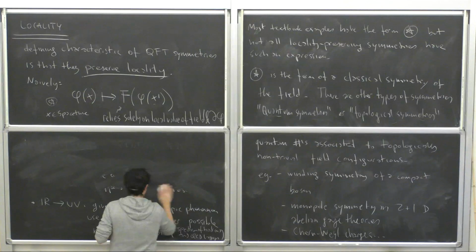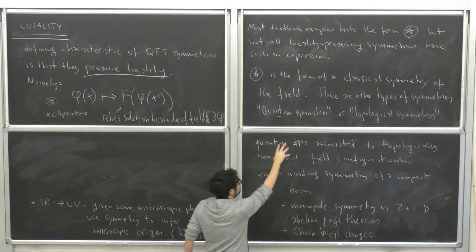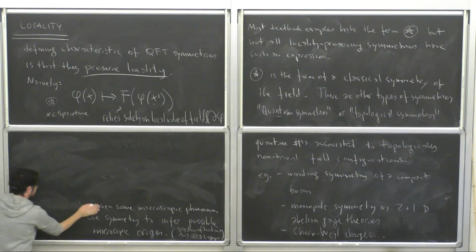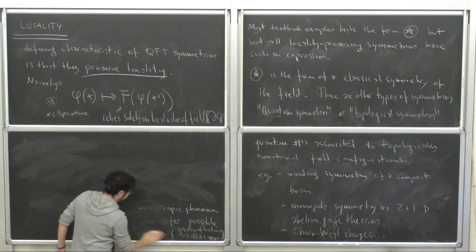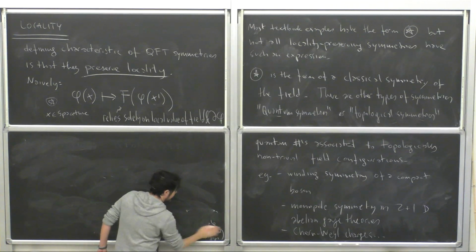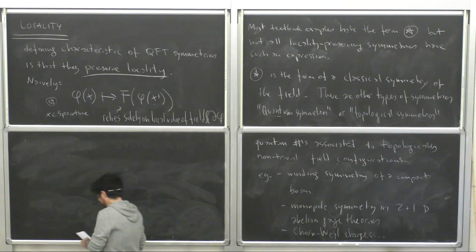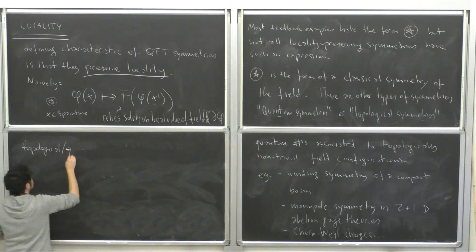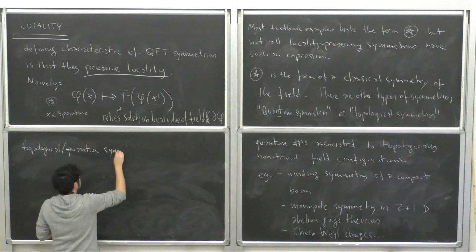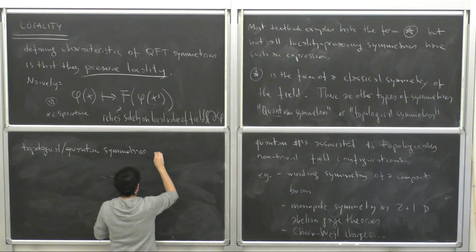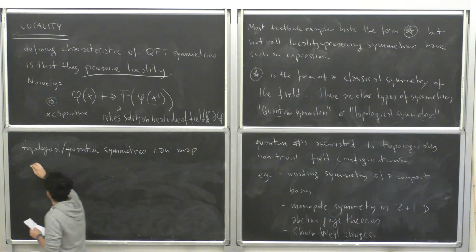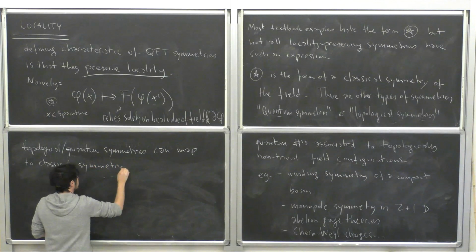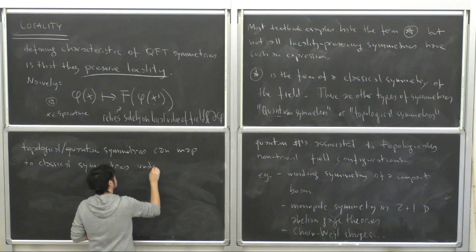For a long time in the literature, when people encountered these quantum and topological symmetries, they would say that they were non-local, because they didn't act naively. But then we learned that this was just an artifact, because topological and quantum symmetries can map to classical symmetries under duality.